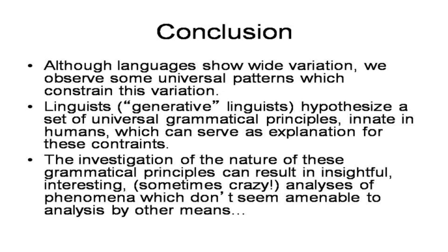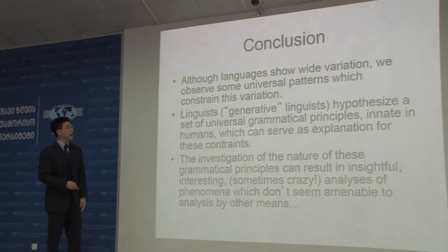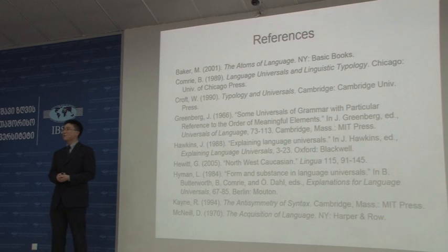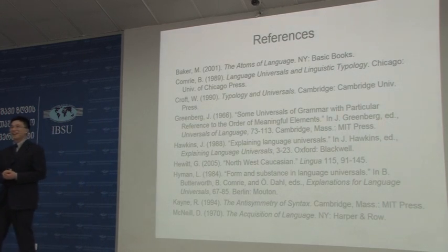Sometimes the analyses can be crazy, and so linguists will push back against other linguists. That's too much. But I will have to say that the Kayne theory is convincing in a lot of ways. And these are my references. I hope that wasn't too fast or confusing, but at least it's an introduction to how universal grammar works.